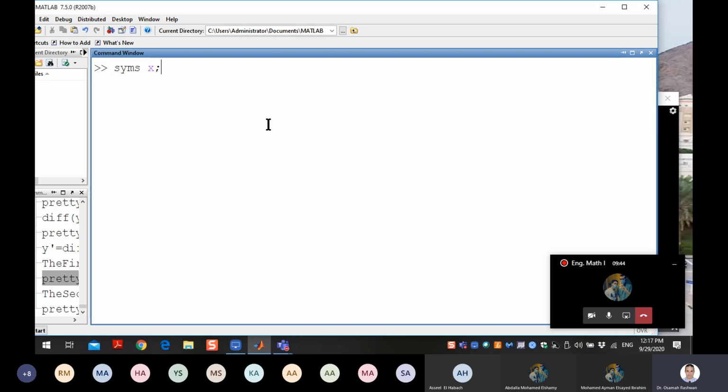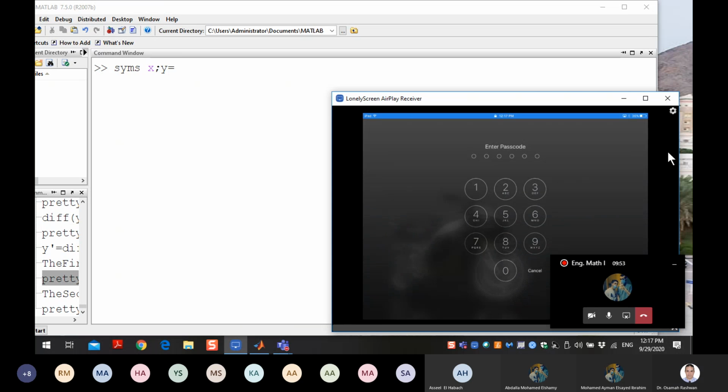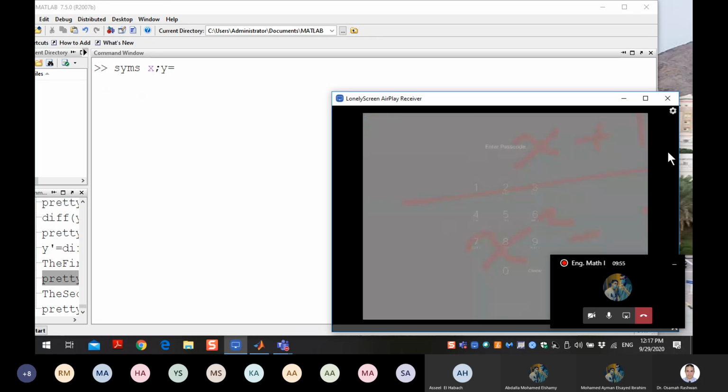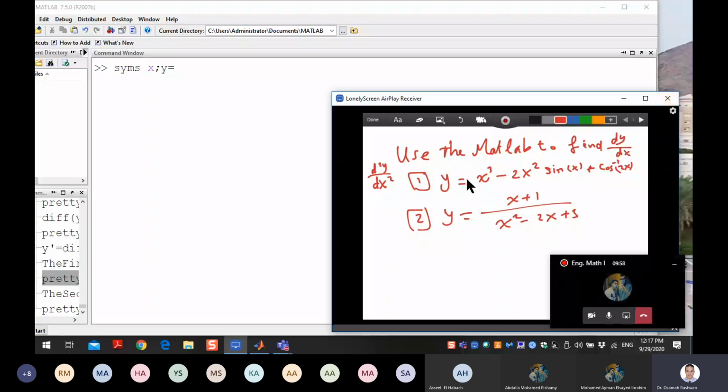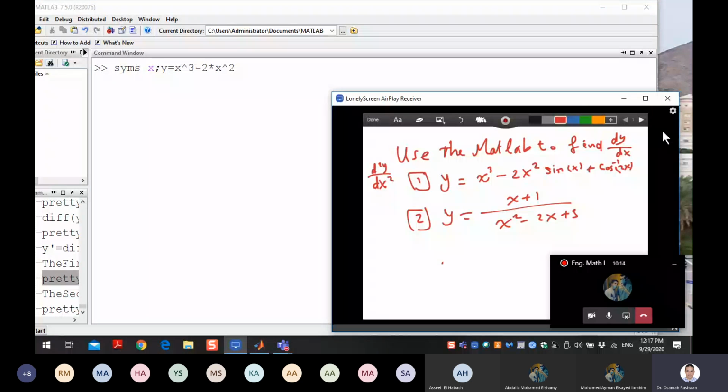As I define x as a symbol, I define my function y equal to, I'll go for the question. So the question: y equal to x cube minus x, shift and 6 cube, minus 2 star, as a multiplication, x square, times sine x.